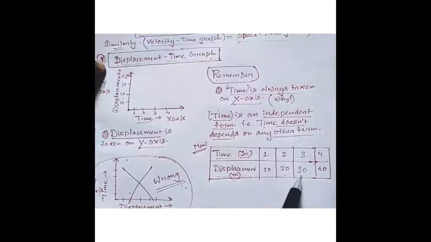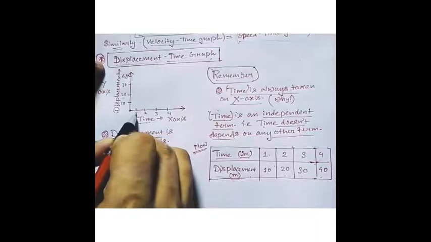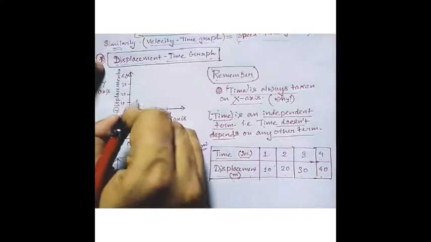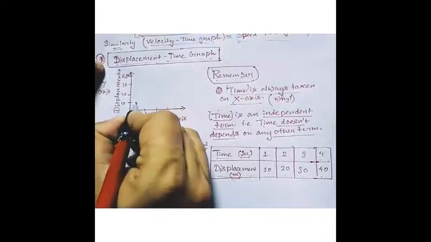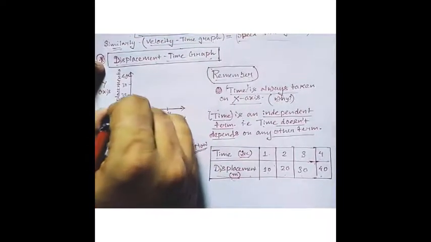Time is 3 seconds, displacement is 30. Time is 4 seconds, displacement is 40. Now I will draw these points on this displacement time graph. When the time is 1 second, displacement is 10, and when the time is 2 seconds, displacement is 20.